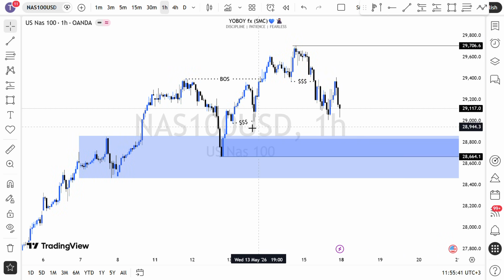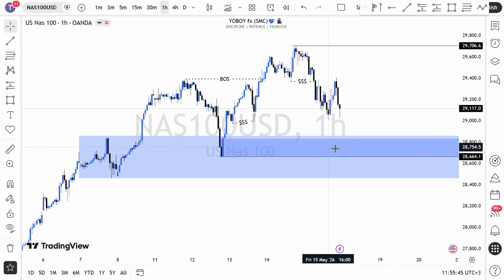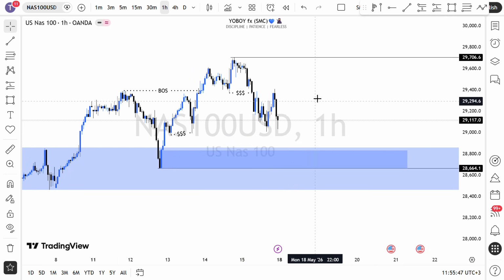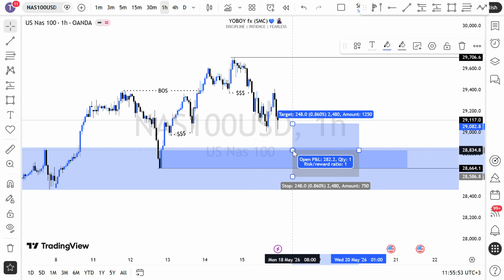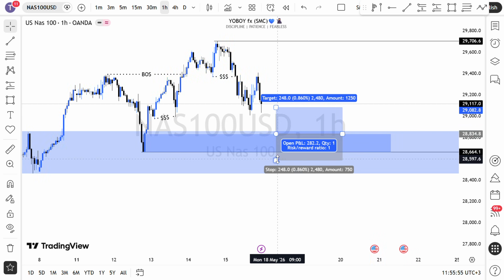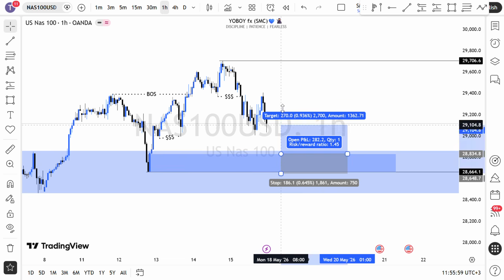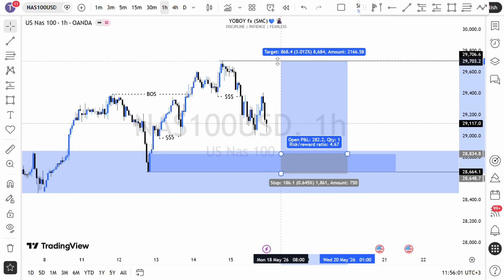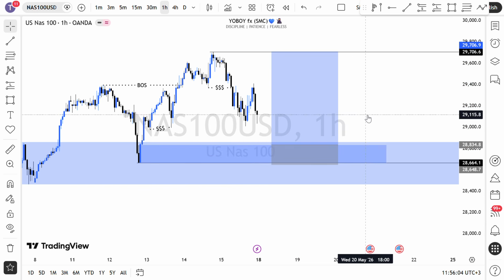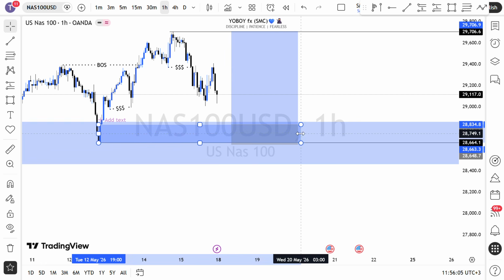So I'm looking for price to take out this liquidity and then come into this extreme point of interest, and then we look to take our buys to the upside. On NAS 100, I expect buys, and I expect price to come into this extreme point of interest, and then we look to take our buys from that area.